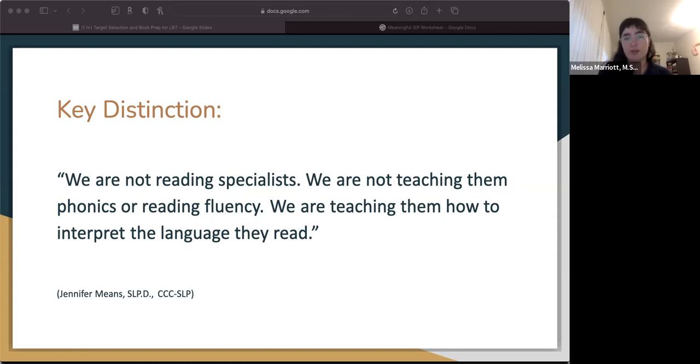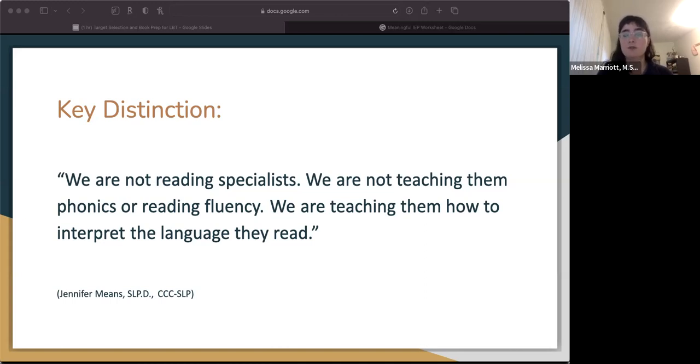That all said, this is an important point that I want to make about what we are actually doing when we are doing literacy-based therapy, because we're not teaching students how to read per se. We're teaching them how to understand and manipulate the language that they encounter through reading. We're teaching them to connect ideas.